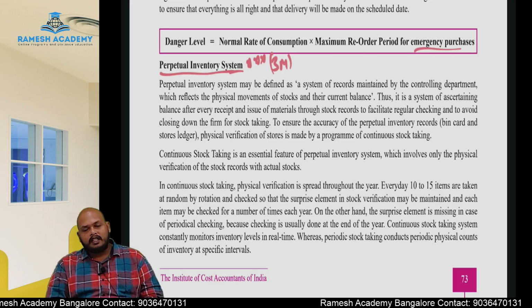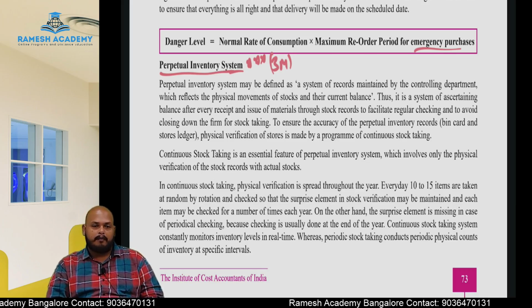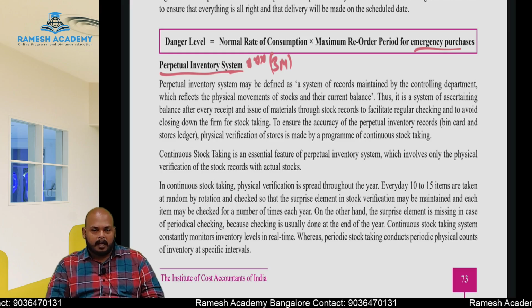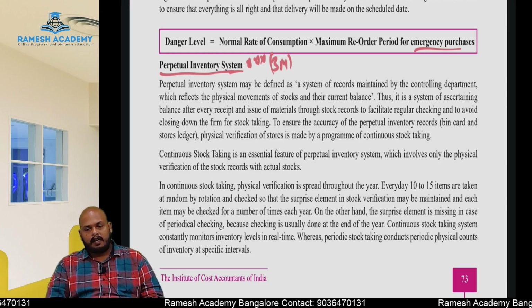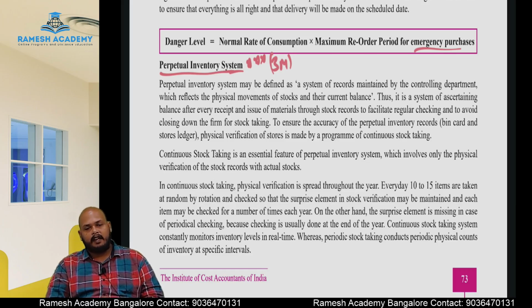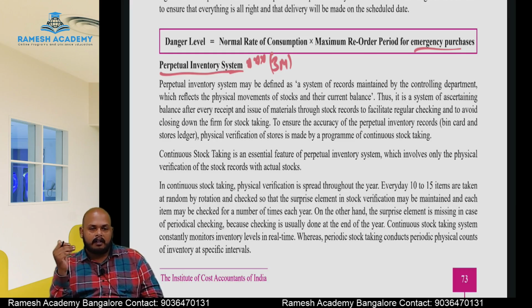In those organizations audits are performed on a regular basis. One day a person will come and do a surprise audit. Surprise audit means he will not inform before coming. The head office will send him to verify the stock, and he will verify the stock and go.